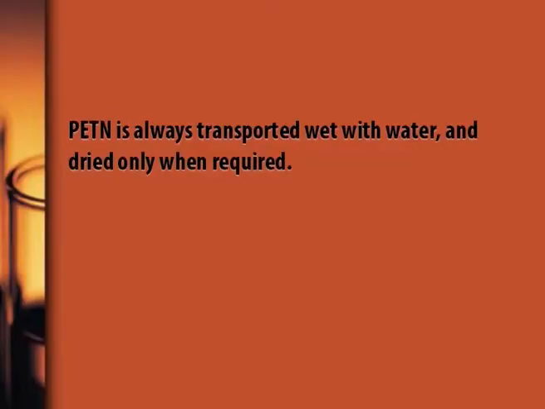The washed product is reprecipitated from acetone to provide a suitable crystal size and adequate stability on storage. PETN is always transported wet with water and dried only when required.